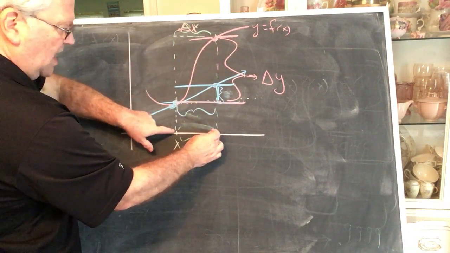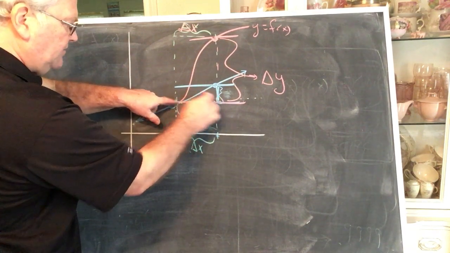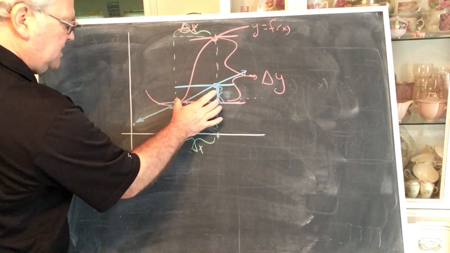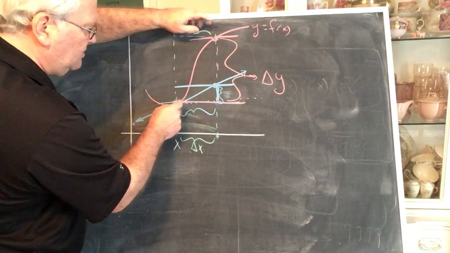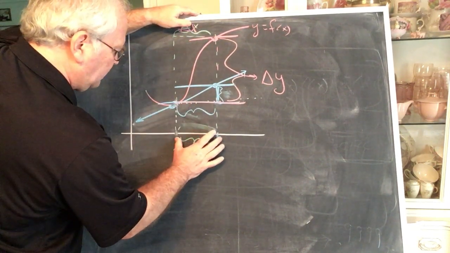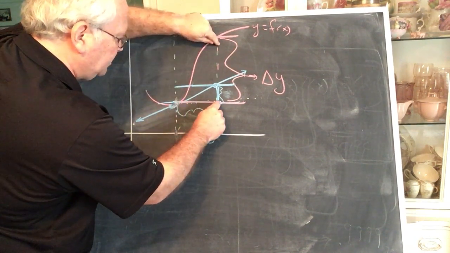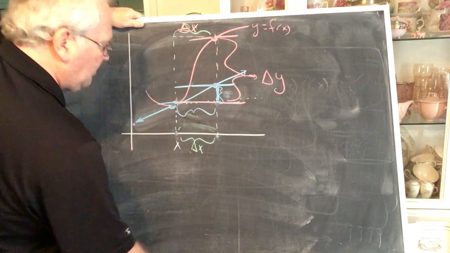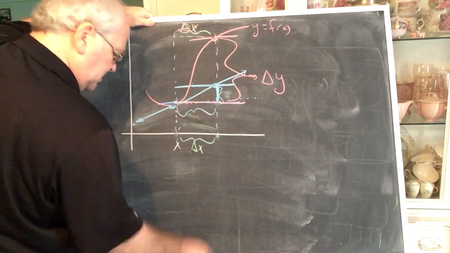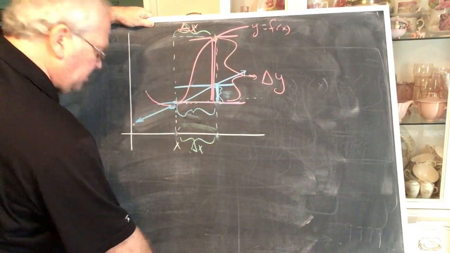Whereas when you go horizontally, notice the change on the red is equal to the change on the blue. But the y coordinates are different. As you move from x to x plus delta x, as you move this distance horizontally, the red curve changes quite a bit. The blue curve only changes a small amount. And so for that reason, this blue distance and this red distance are potentially different.